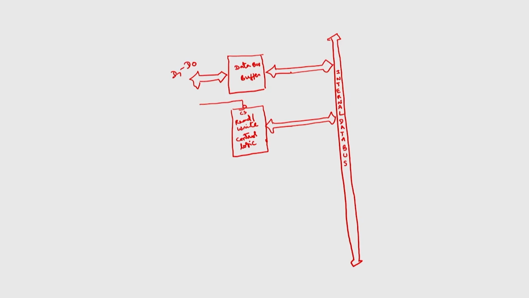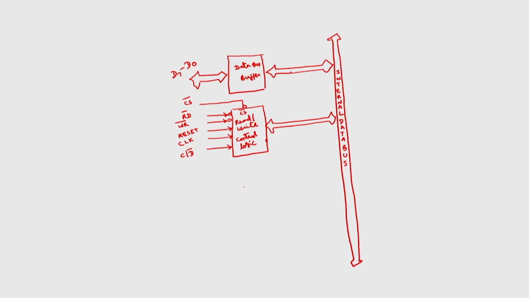As the name implies, we have read bar signal, active low, write bar active low, and the various control signals: we have reset signal, then clock, then C by D bar signal. I will explain what is meant by this C by D bar signal, and this is the chip select signal. So, totally we have 6 different signals for this particular block.